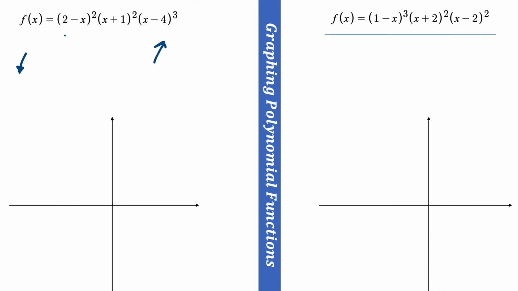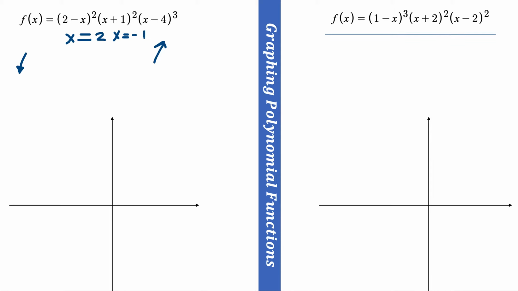But here, first of all, let's find the x-intercepts. Because those are opposite signs, the x-intercept is going to be equal to 2. And for the second, because both of them have the same sign, the intercept is minus 1.